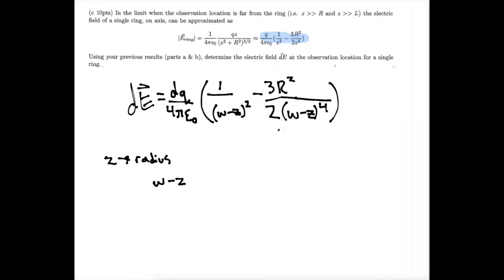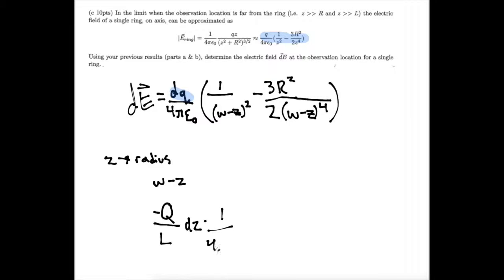But we're not done yet. We need to take that dq and turn it into something we can integrate across, which was dz, as we found in part A, sorry. So now we found our dq equals negative q over L times dz. Plug that in.